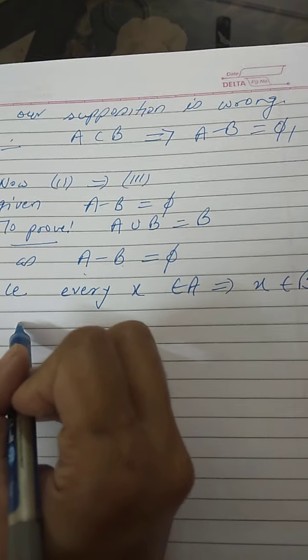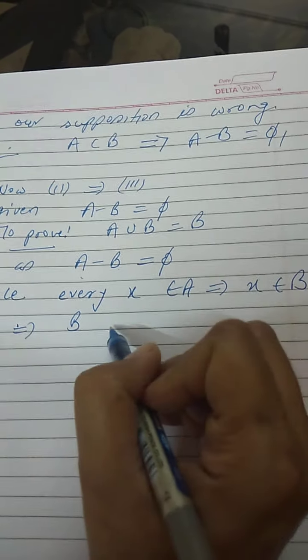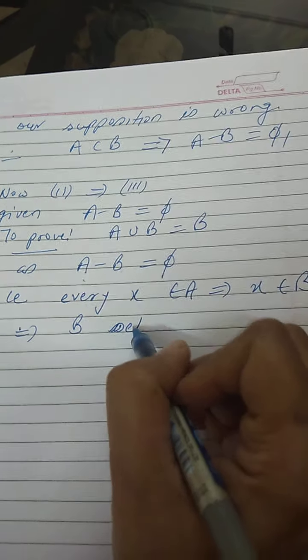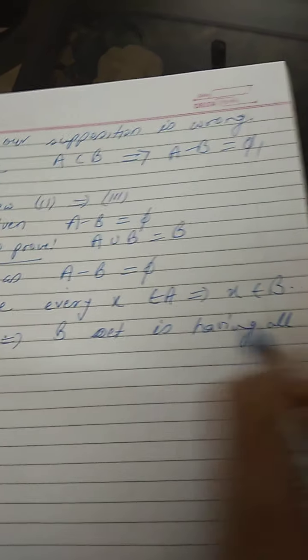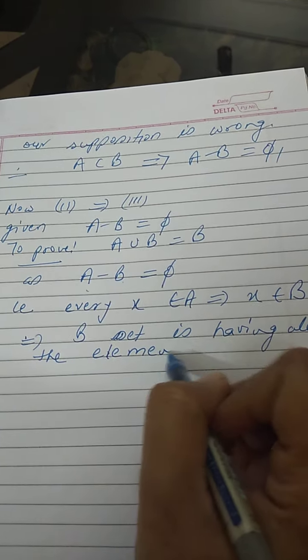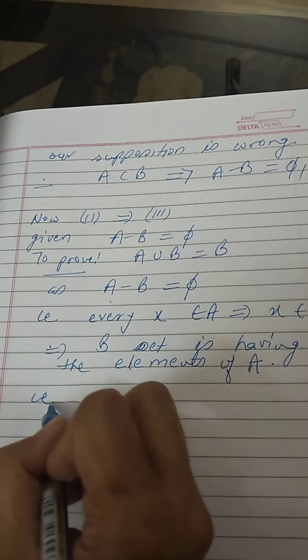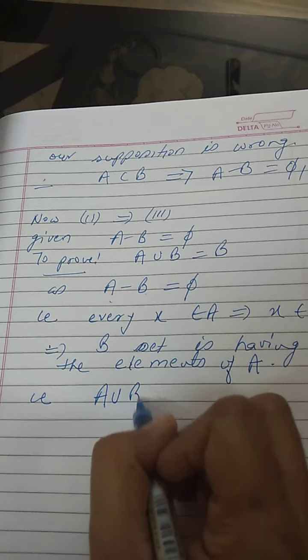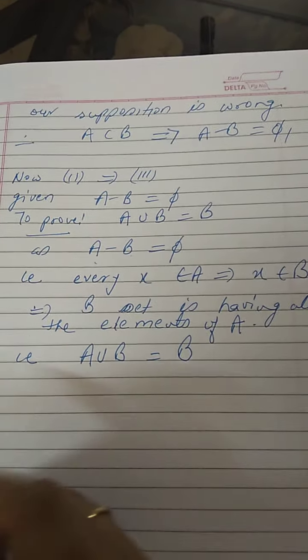What does it mean? It means B set is having all the elements of A, right? That is, when I take the union of A and B, the union will always have the bigger set.